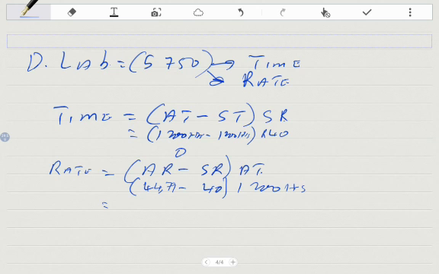Then it takes you to that 5,750, which is unfavorable. So that's how you are going to prove this to management.